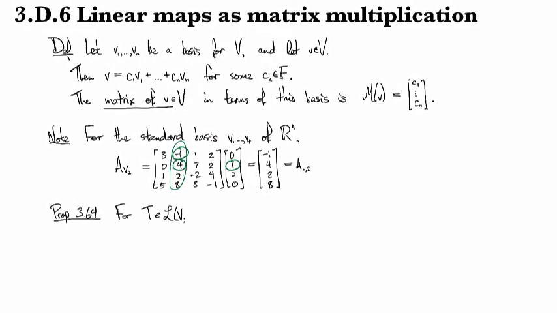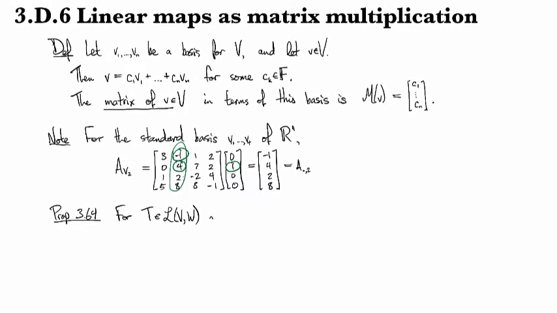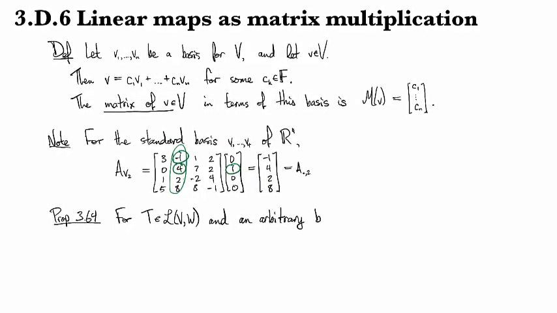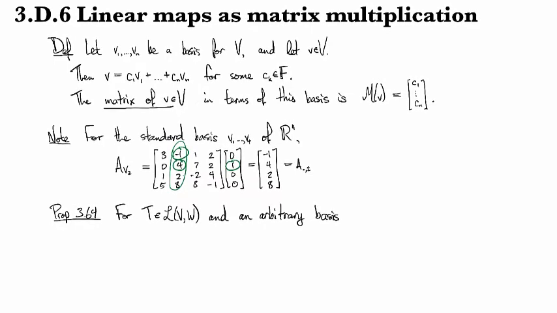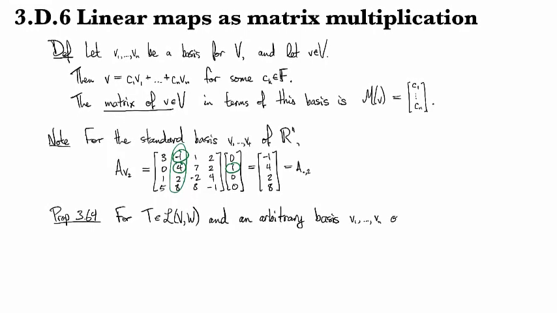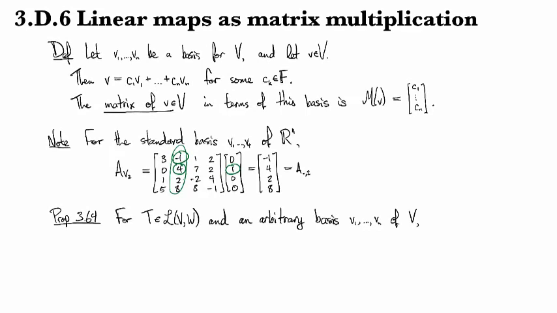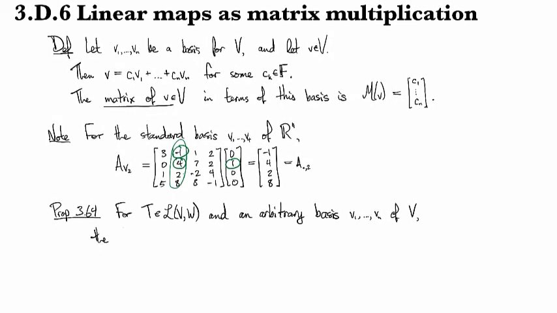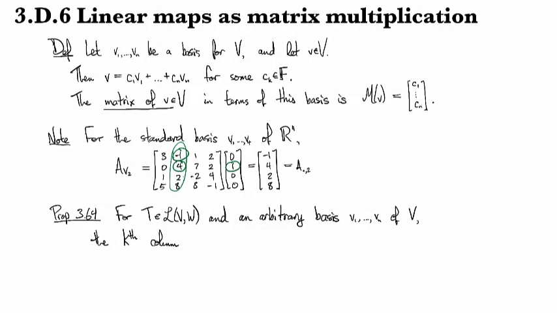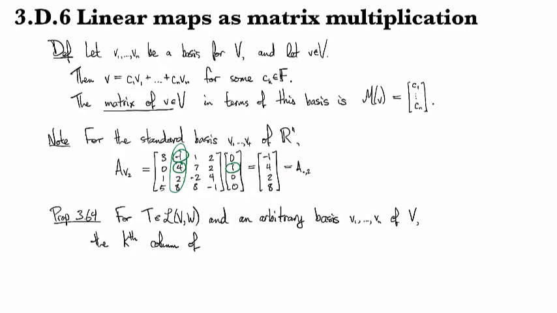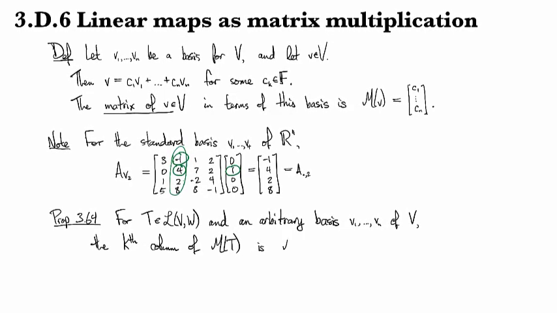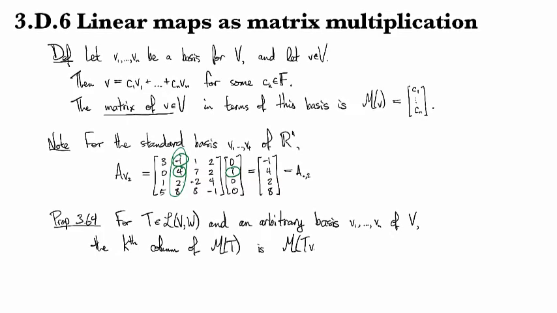If we take a linear transform T from V to W, and an arbitrary basis of V, then the kth column of the matrix of T in this basis is the matrix of the vector T vk.